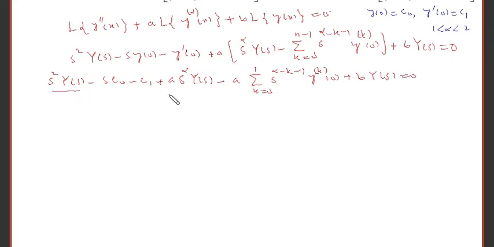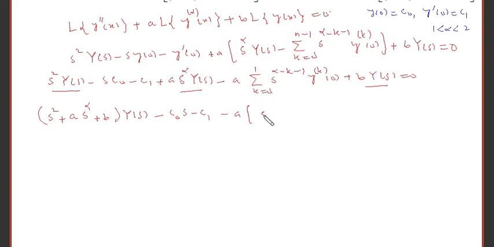We have Y of s here, here, and here, so taking Y of s as common, I get s square plus a times s to the power alpha plus b, and now I have c0 s plus c1, and then minus a times the series. I need to open this series. It has only two terms, k equals 0 and k equals 1.